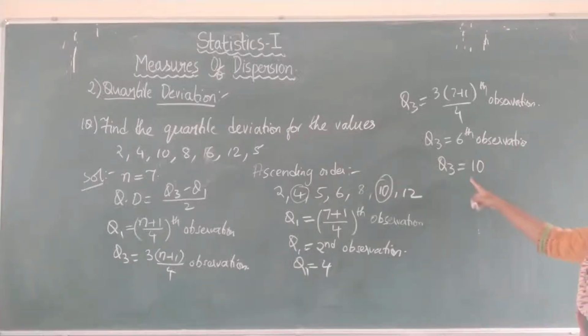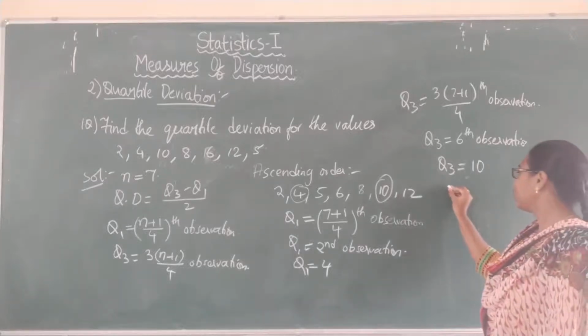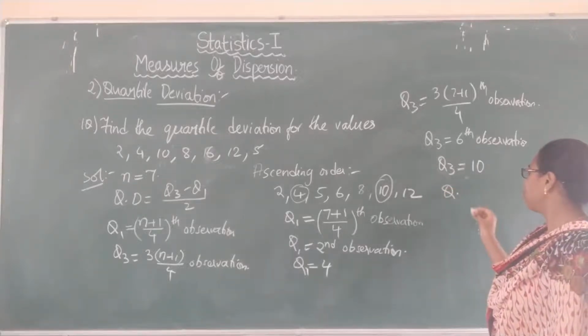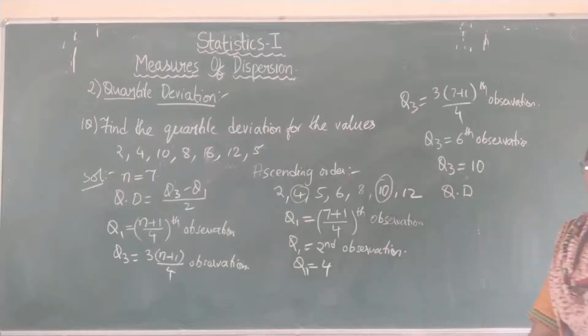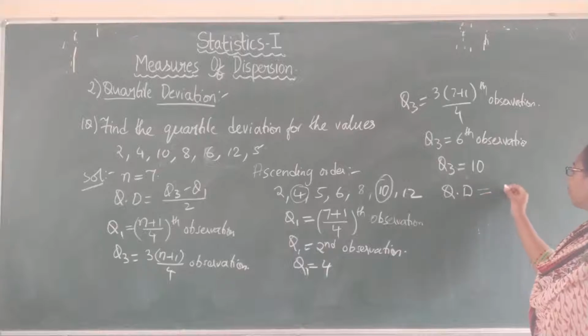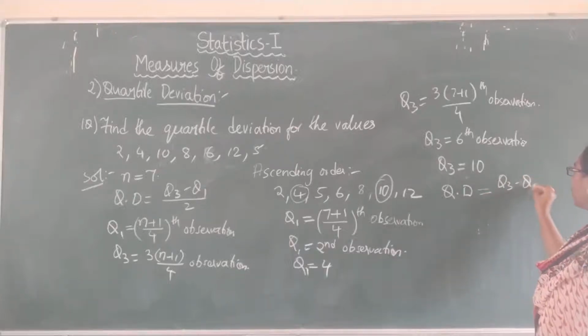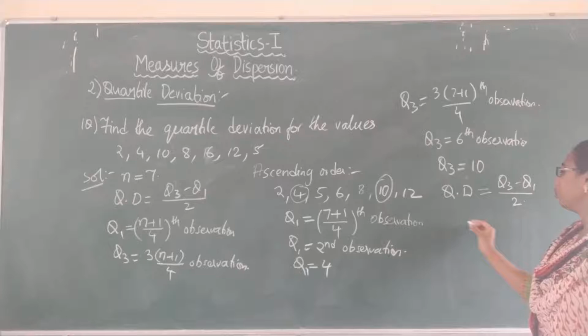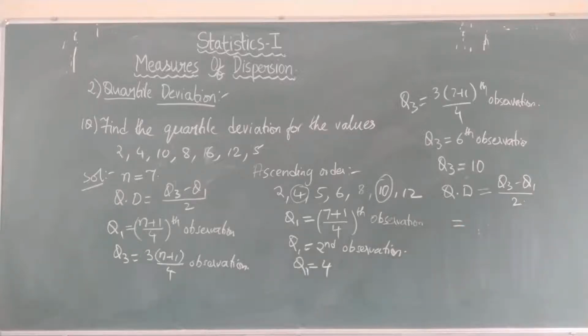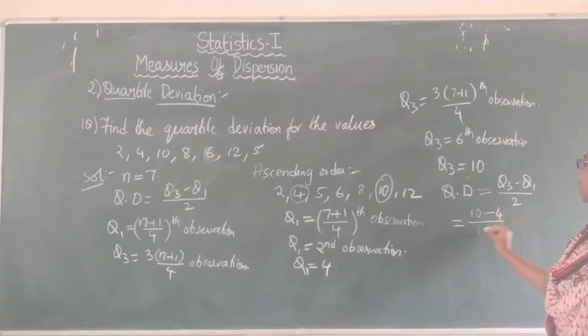Now you have Q3 and Q1. Substitute them in the quartile deviation formula. QD equals Q3 minus Q1 divided by 2, which equals 10 minus 4 divided by 2. 10 minus 4 is 6, 6 by 2 is 3.